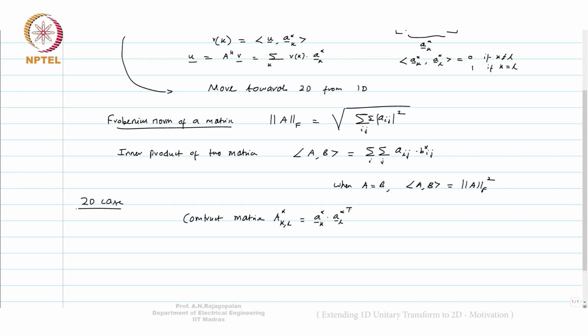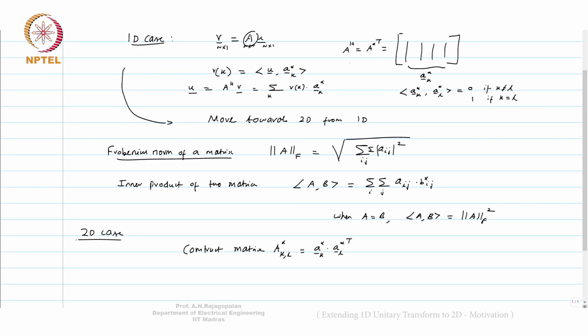This AK star is coming from the columns of A Hermitian. These are not some arbitrary AKs; these are the basis vectors that you had here for your A Hermitian, so these are the columns. So any A star KL is a matrix now, which looks like this.